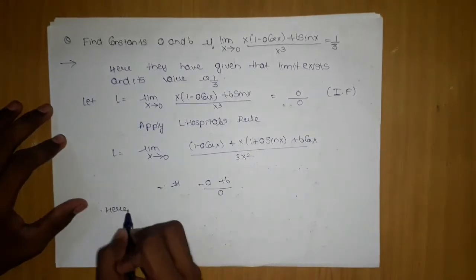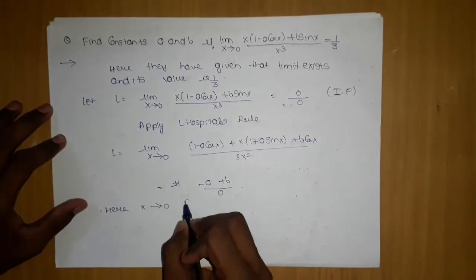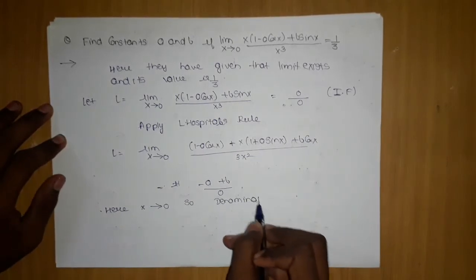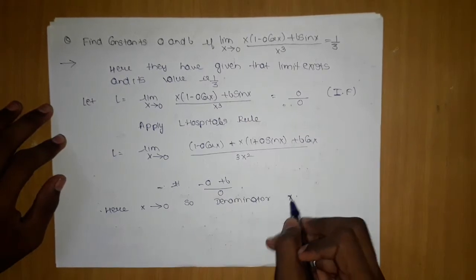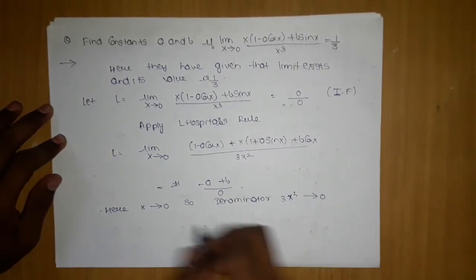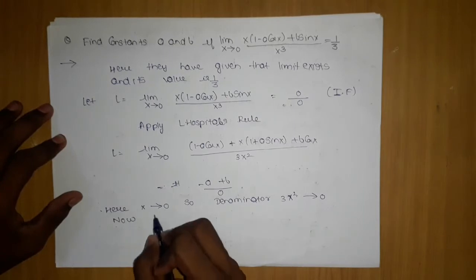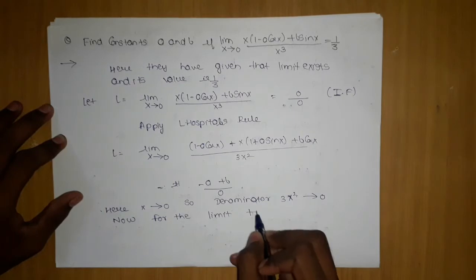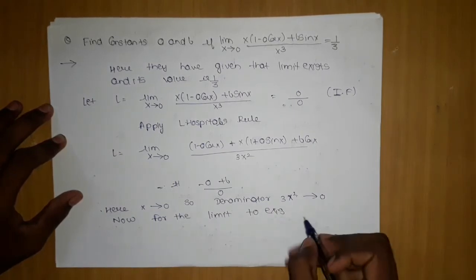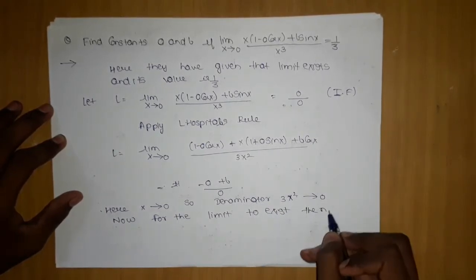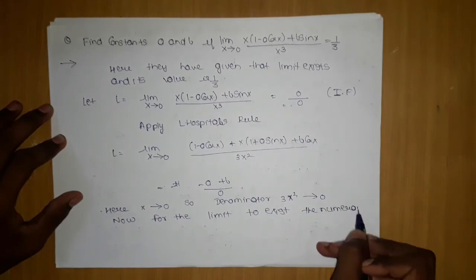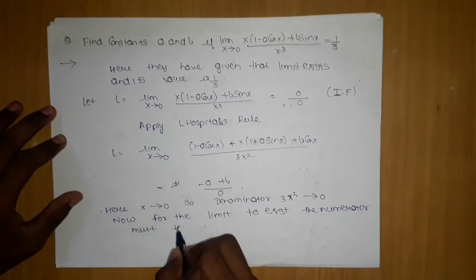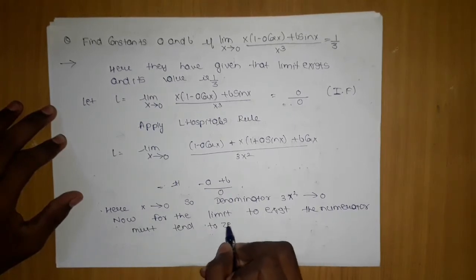Here x tends to 0, so the denominator 3x square tends to 0. Now for the limit to exist, the numerator must tend to 0.